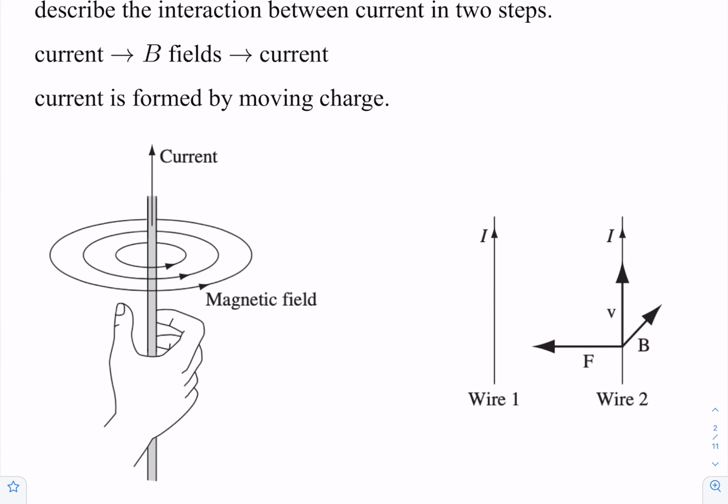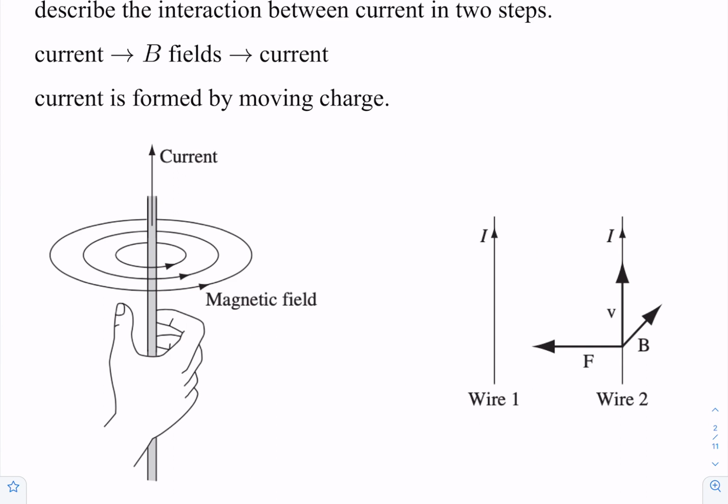Because of this magnetic field, it produces the Lorentz force. To calculate the direction of the force, you also need to use the right-hand rule. So it's V cross B. Remember that in the very first lecture, I suggested using the right hand. Here the V is pointing upwards.